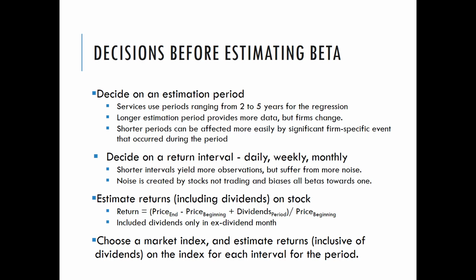So if you were to estimate a beta with daily return observations against the market, it might actually deflate the beta, in the sense that the company will look a lot less risky, because while the market is going up and down, your return is 0, 0, 0. So your return relative to the market looks very much out of sync, and you're going to conclude the relative risk is much lower. So generally daily is almost never used. Instead people tend to use weekly or monthly.